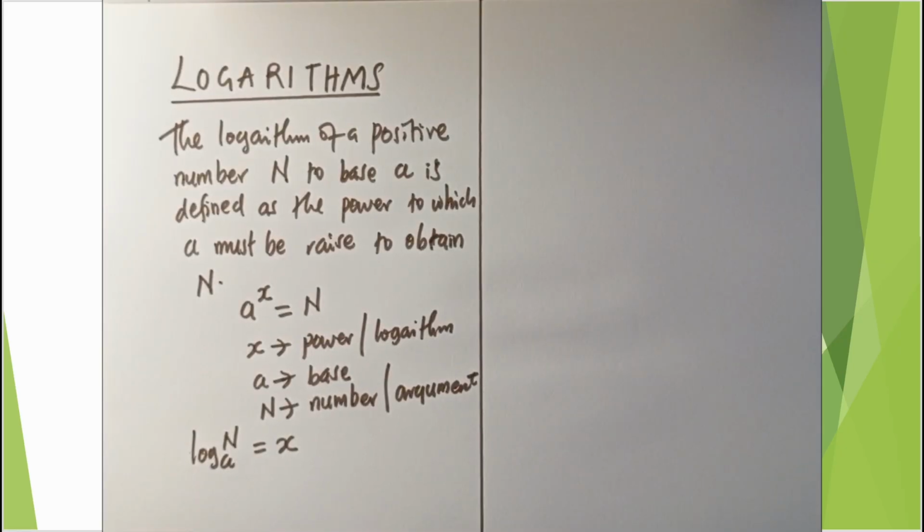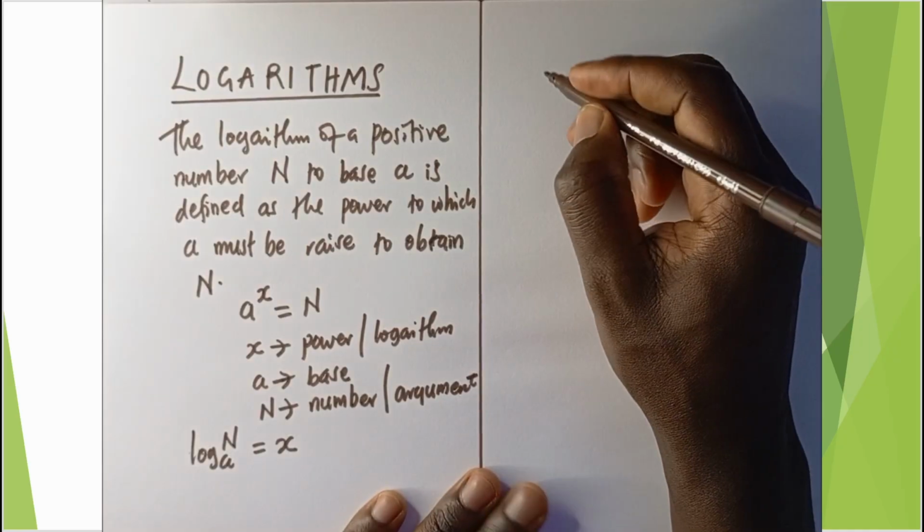So in simple terms, logarithm simply means the power to which the base is raised to obtain a number. We have what we call laws that govern logarithms, and some of them that we commonly use.